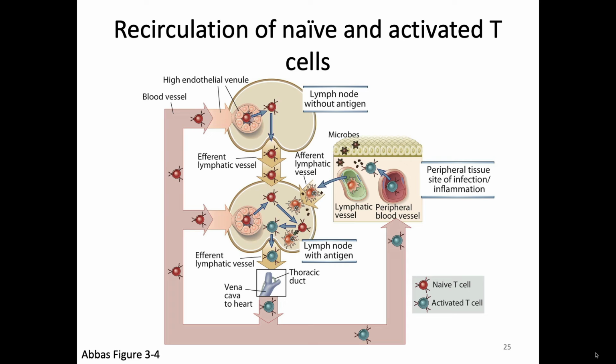And these 2 scenarios will give us our other 2 examples we can see for trafficking. So we can see either a naive T cell that wants to go to a secondary lymphoid organ, or we can see an activated T cell that wants to go to a site of infection.